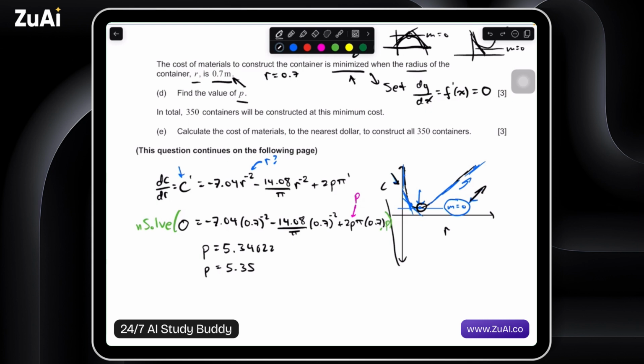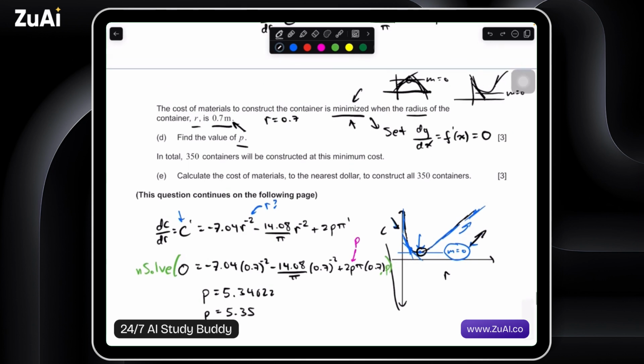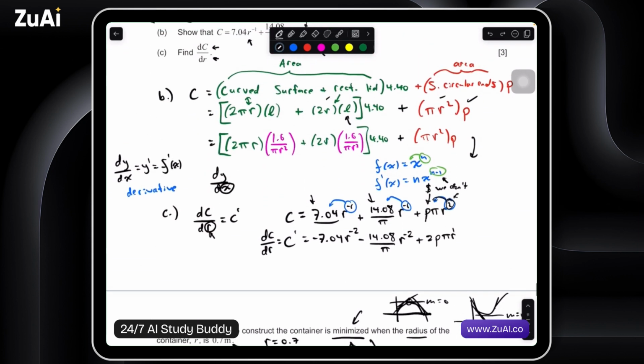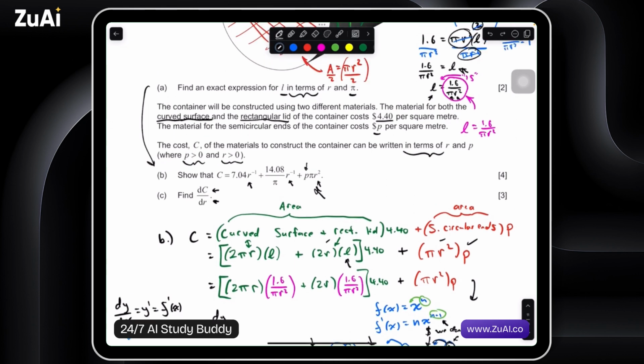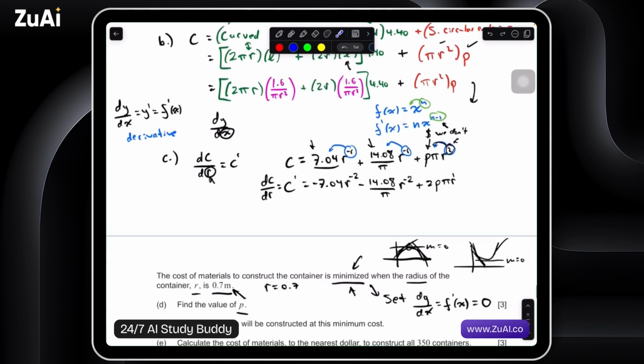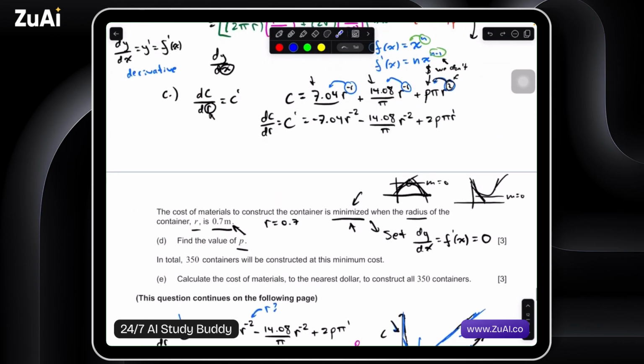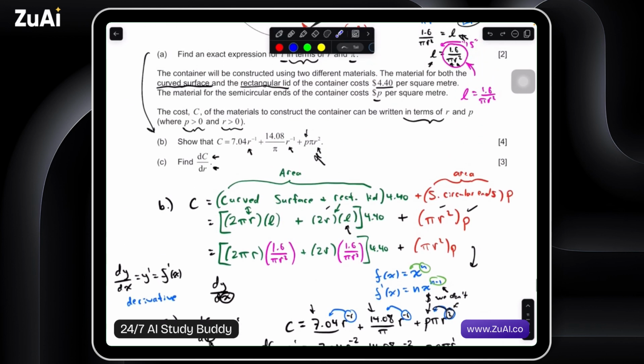Calculate the cost of the materials to the nearest dollar to construct all 350 containers. So where is it? This is our cost function right here. We know what r is, and we can use that to find the cost. We know what p is, and we can use that to find the cost of a single container, and then we can multiply. That should work out okay.